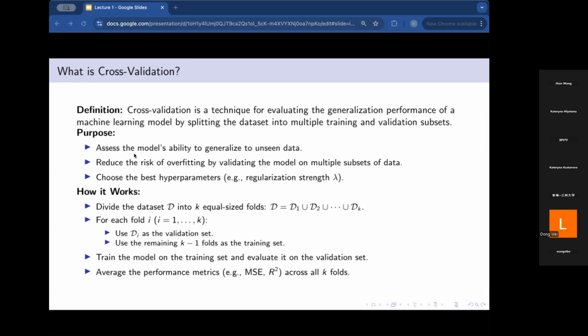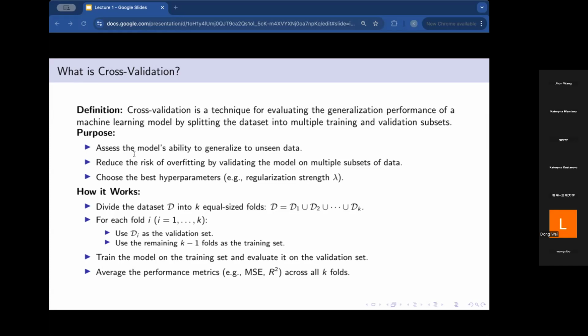Each fold is used one at a time as a validation set, while the rest are combined to form the training set. This process is repeated for each fold, meaning every subset is used once for validation and multiple times for training. This approach helps in evaluating the model's performance more comprehensively.